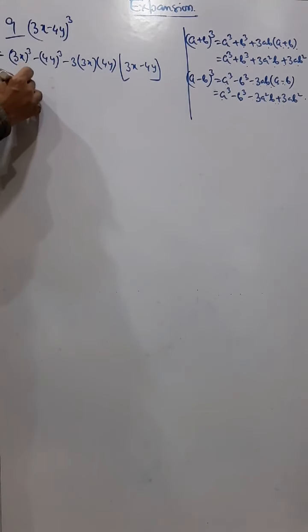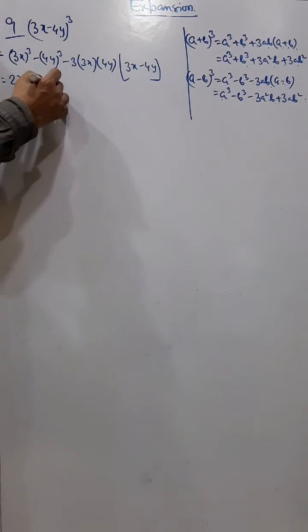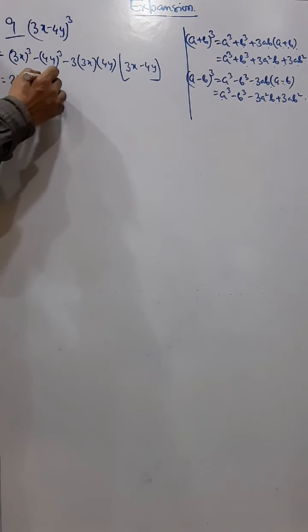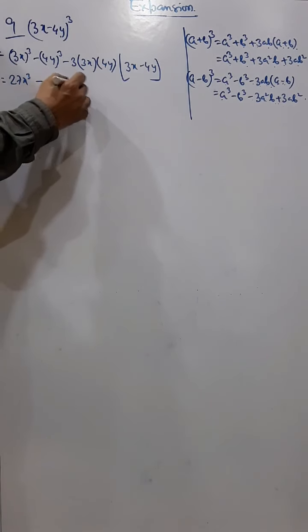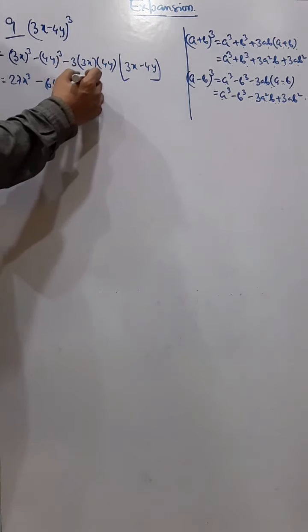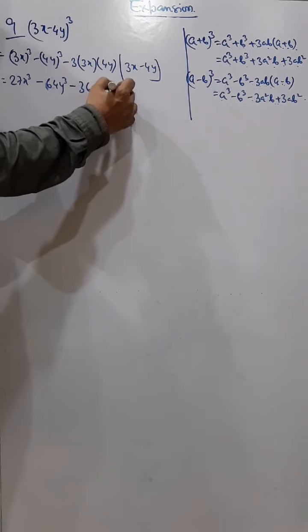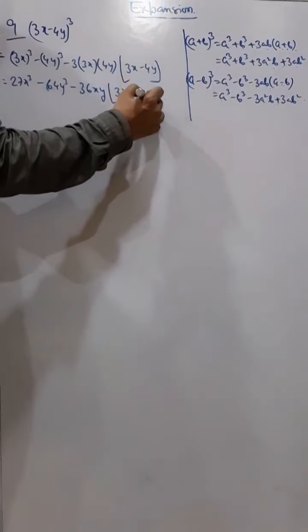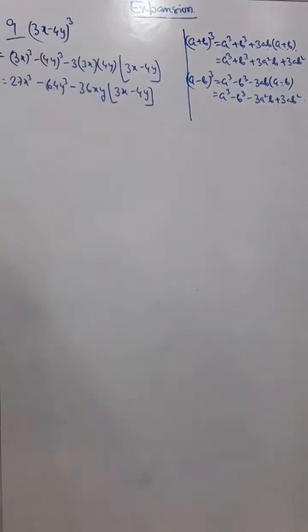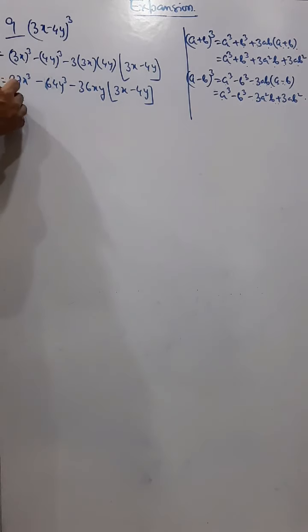So what you got? 27x cube minus 64y cube, and then 3 into 9 into 4, 36xy, and then 3x minus 4y.